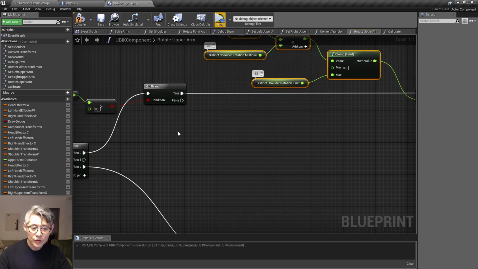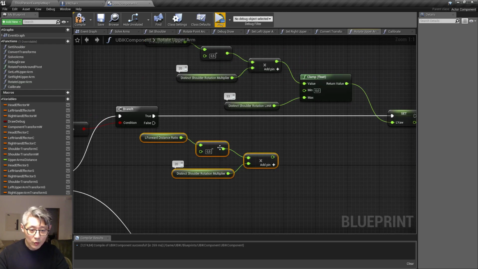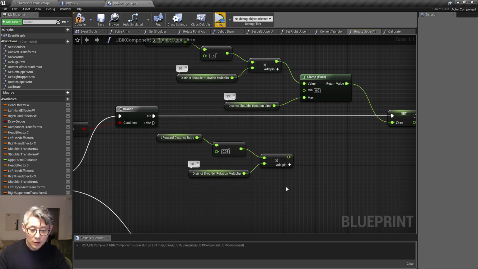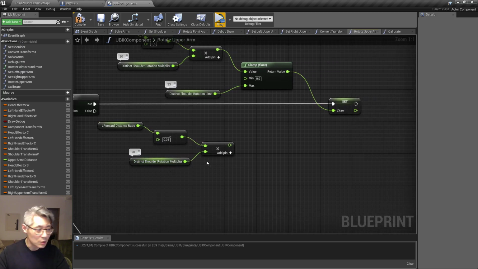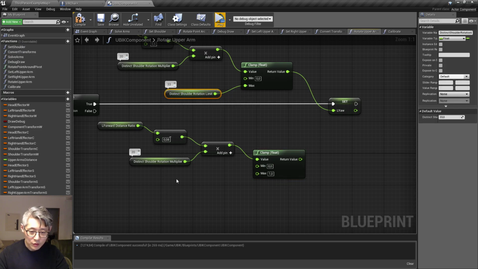Okay, so if it's below 0, we want to do this a little bit different. So for now we can just copy this, and he uses a different offset here, so he minus 0.08, and this is going to be the same. And then the clamp is going to be the opposite way. So instead of clamping the max, we're going to clamp it to the minimum.